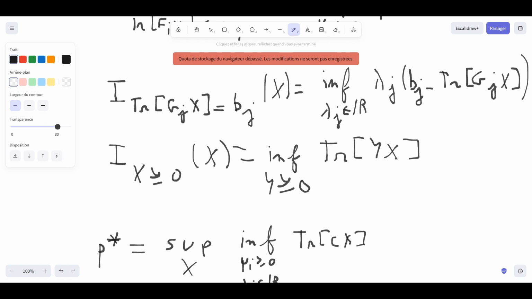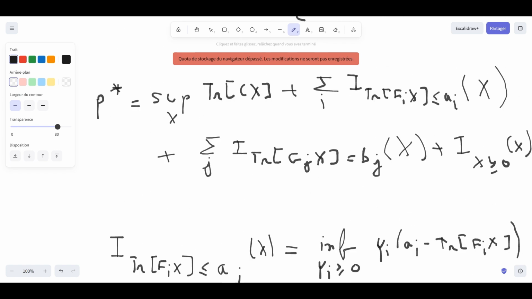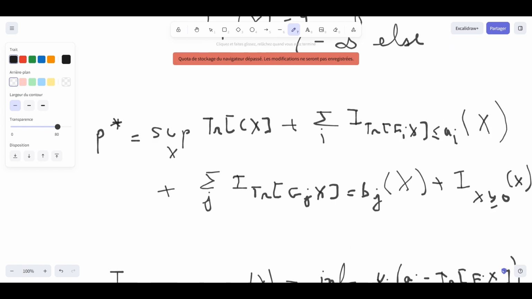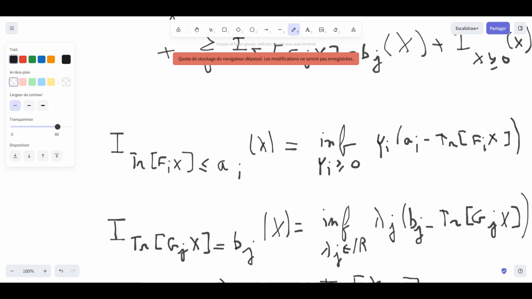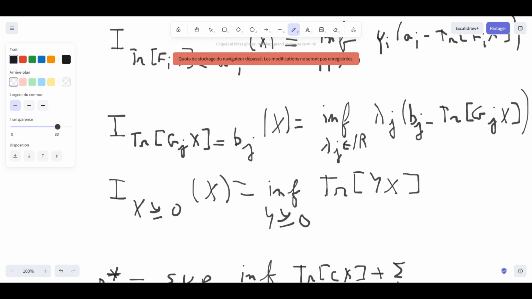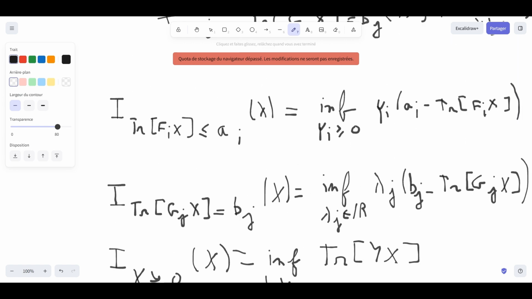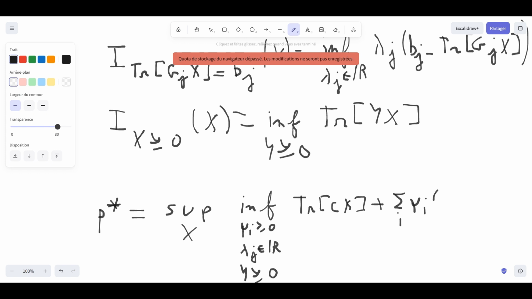So trace of cx plus, as we saw, the sum over i of the stuff. So this we replace by this: phi i, a psi ai minus 2 trace of i.